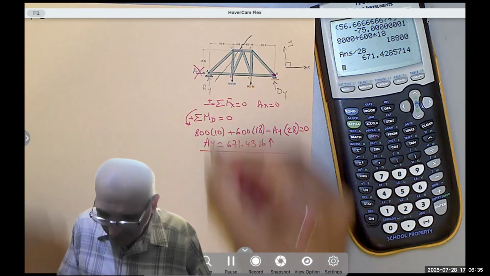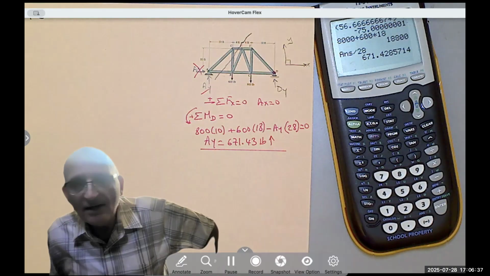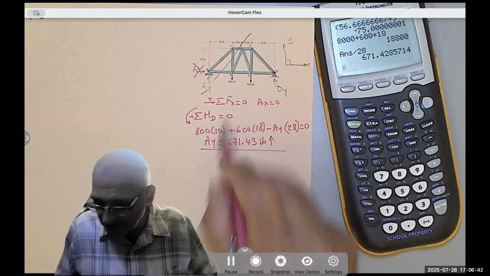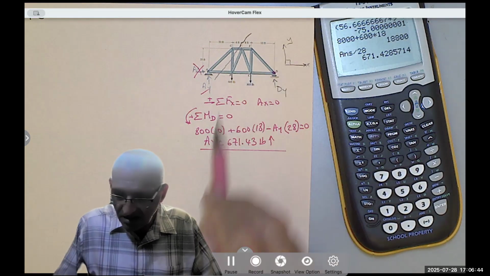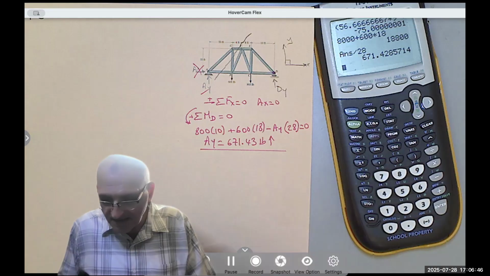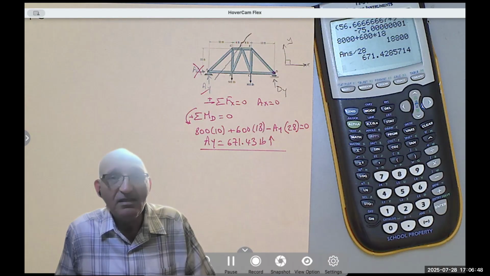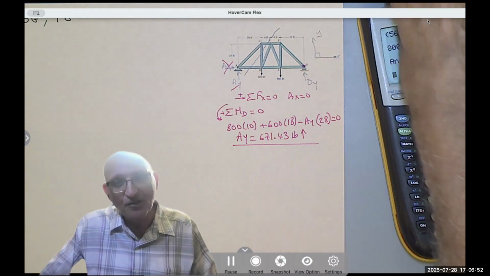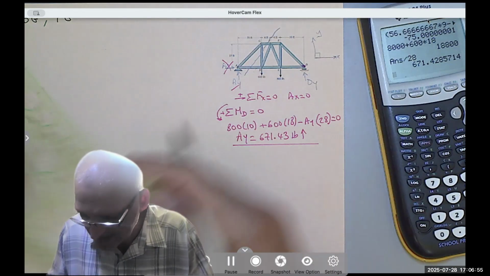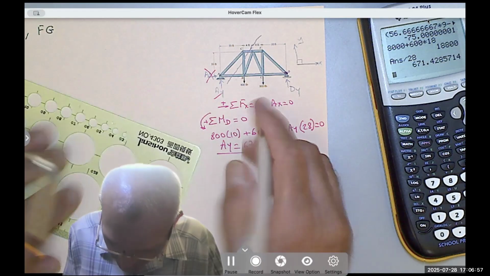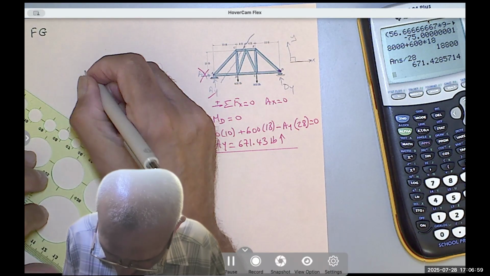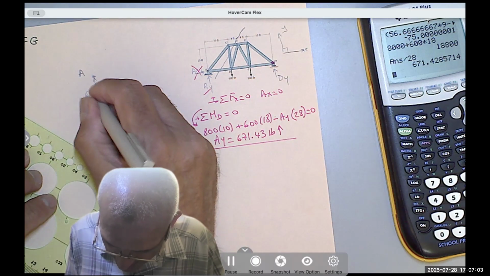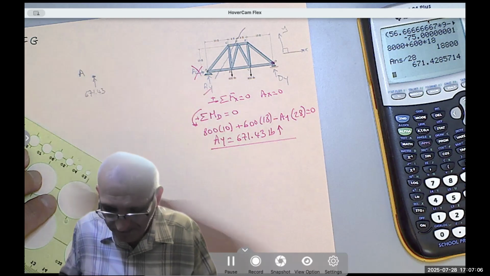Okay, having found AY, now I don't need anything else. In fact, without thinking, I know that the force in BG is 671.43. Let's see why that is. The left-hand side looks interesting, as you will see. Here is A, and here is AY, which is the 671.43.